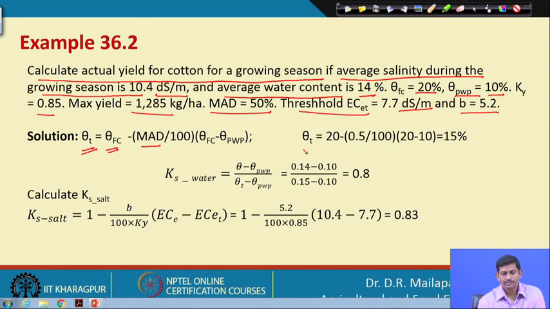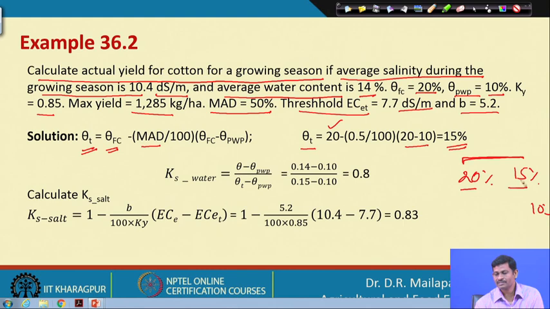From the given values, theta T is equal to 20 minus 0.5 into 20 minus 10, which is 15%. So the field capacity is 20%, theta T is 15%, and 10% is the wilting point. During 20 to 15% no yield reduction is observed, and beyond that the yield is going to reduce.